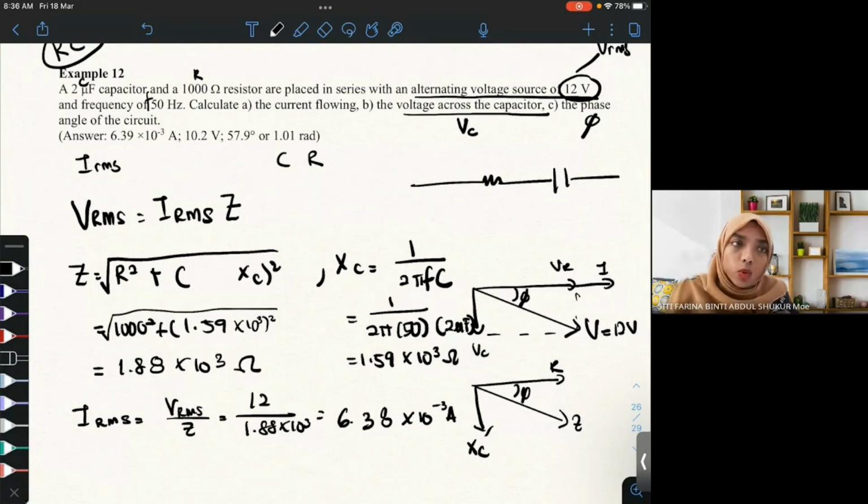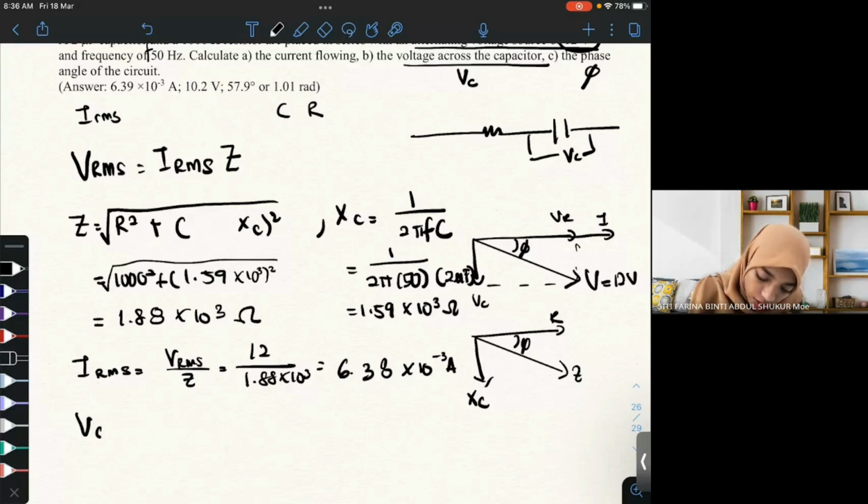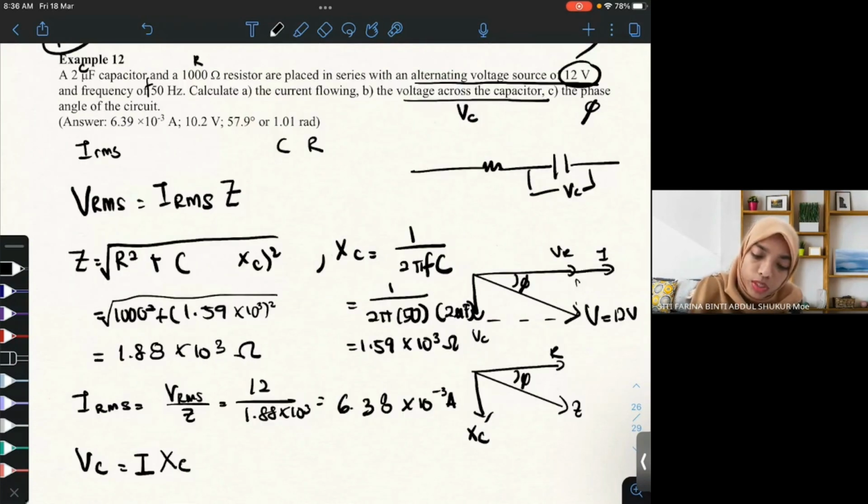Next question adalah voltage across capacitor. So you only want to know what is the voltage across this capacitor. So voltage across capacitor akan sama dengan current yang lalu that capacitor. Okay, and then didarabkan dengan reactant in the capacitor. VC is equals to I XC. Because we only want across the capacitor sahaja.